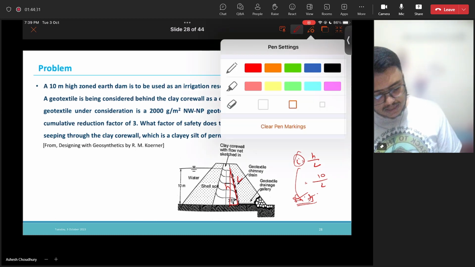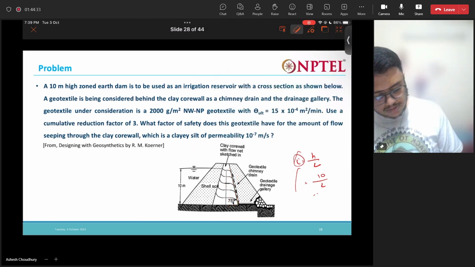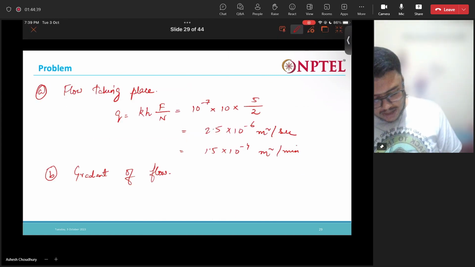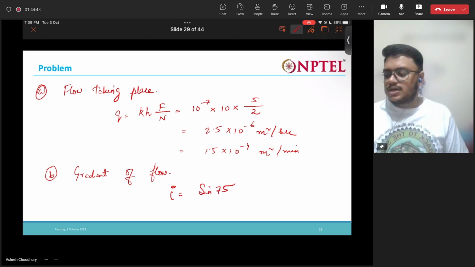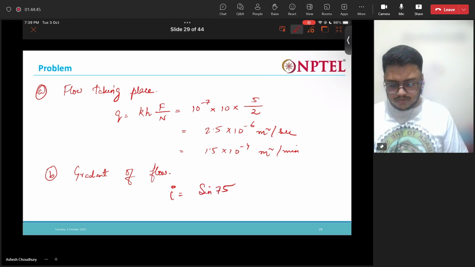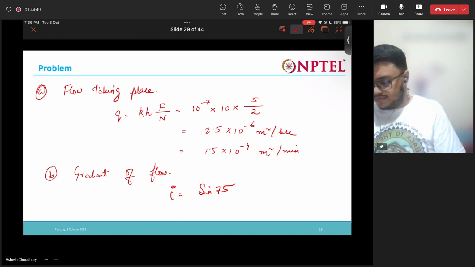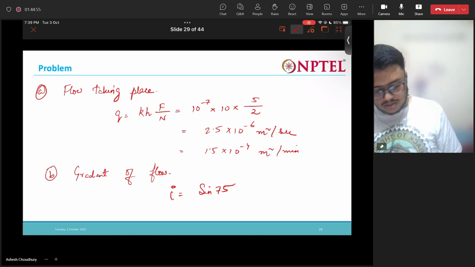L is the length of flow, H is the total head. Hence, the gradient of flow I can write as sine 75. So how much is sine 75? Point... just a second.